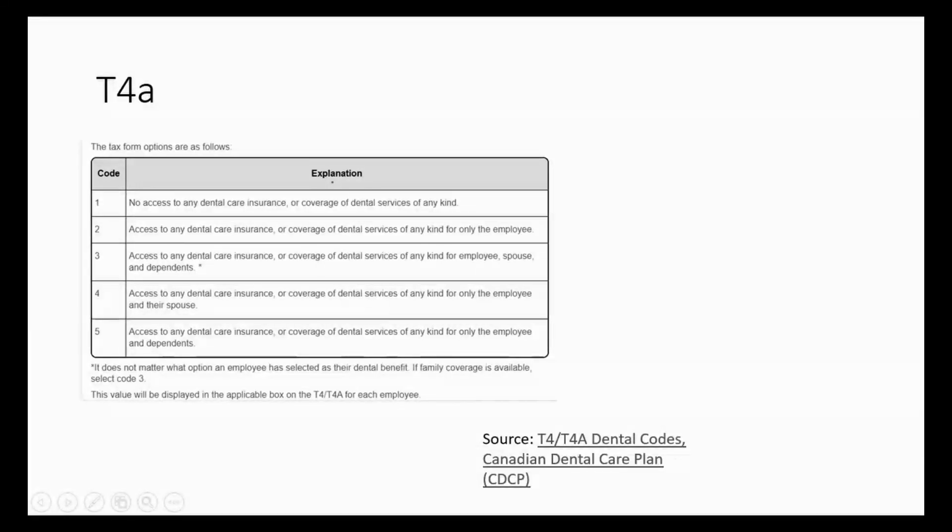Number 4, access for only the employee and their spouse. Number 5, access for only the employee and dependents. So you've got 5 options, from 1 to 5, and this is what these codes are all about.